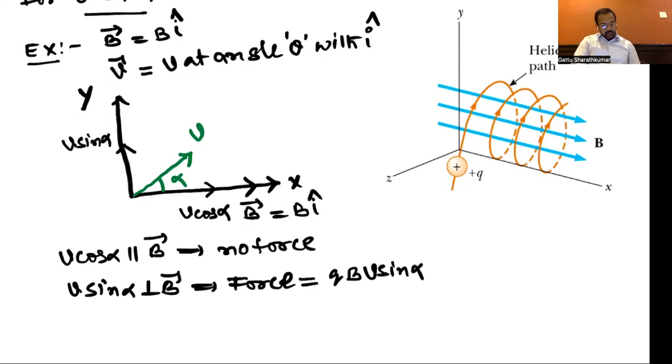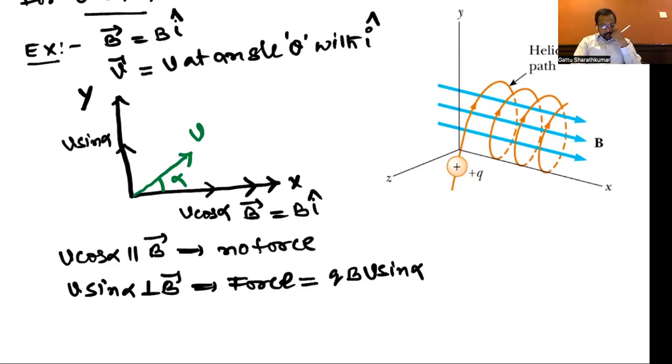Now, V sin alpha is along the y-axis, and B bar, that is the magnetic field, is along the x-axis. Try to understand. So we have to find j cap cross i cap.